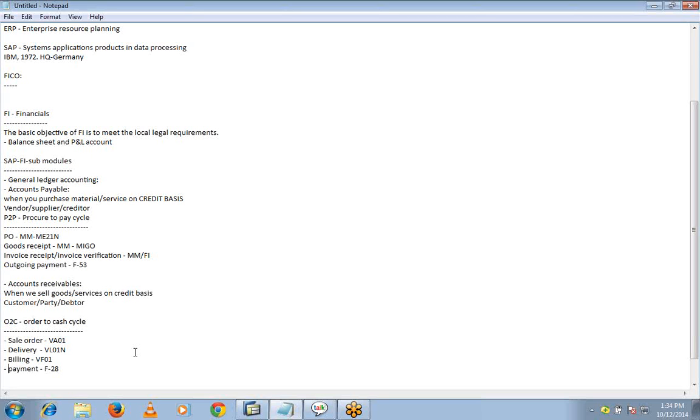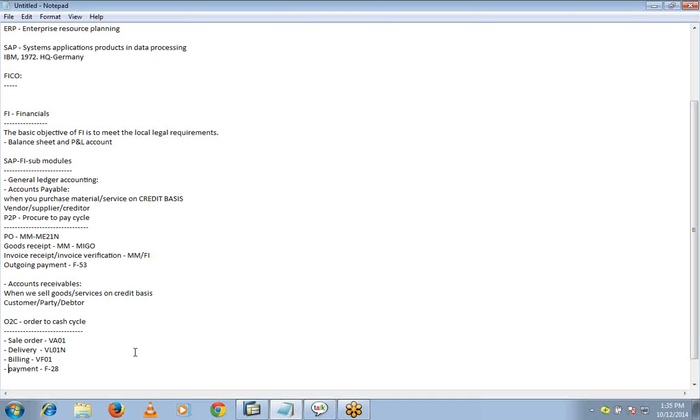Now, all the cash-related purchases and sales, we have different options in SAP. If you take the SAP ERP FICO standard model, we have the cash journal concept.